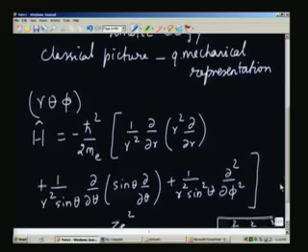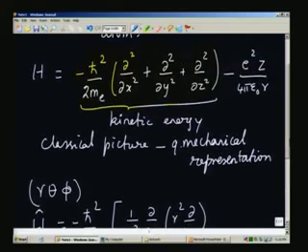The purpose of going into the polar coordinate system is to simplify the Schrodinger equation and separate it. The form that I just wrote down does not look any simpler than the form in the Cartesian coordinate system. Actually the kinetic energy part is extremely simple looking in Cartesian coordinates.